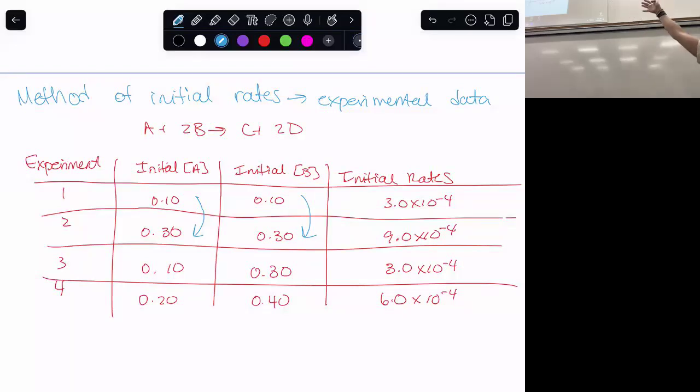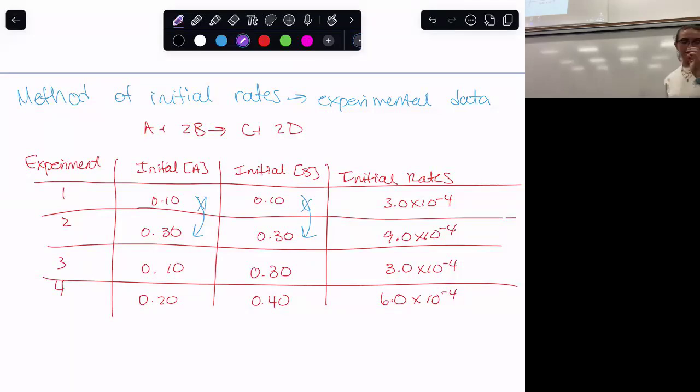So when we look at the initial rate, we see that that changes as well. But we don't know how that rate is changing because both of our concentrations are changing at the same time. So it could be contributing from one, the other, or both. Right, so this is probably a bad one to look at.